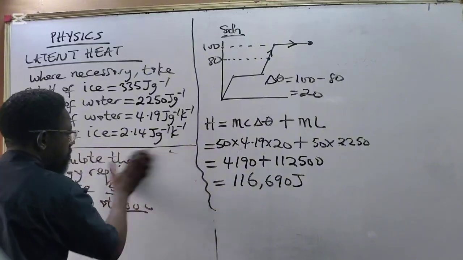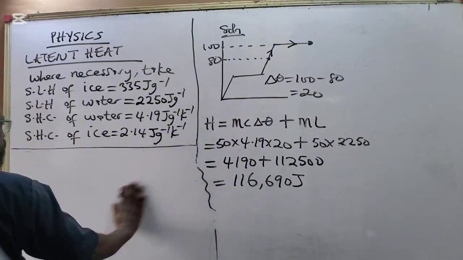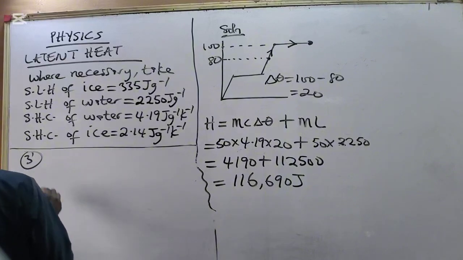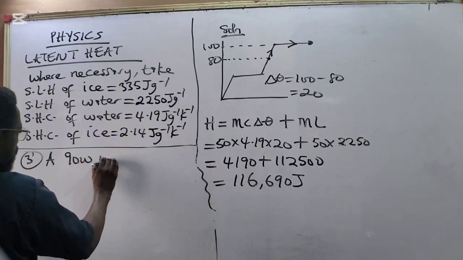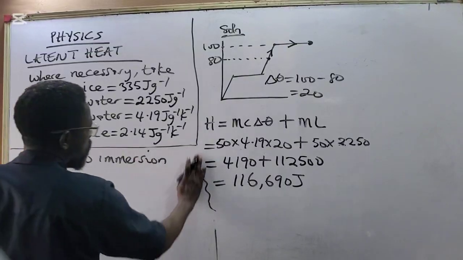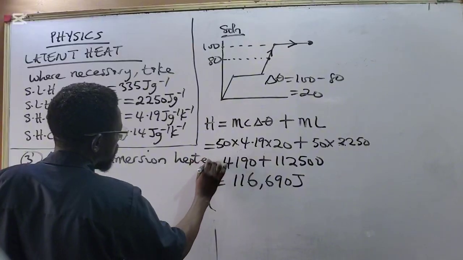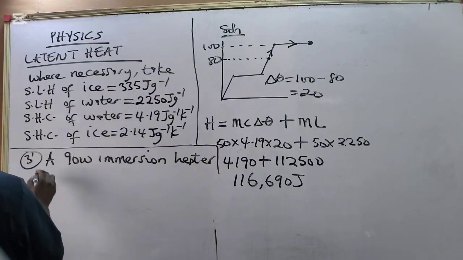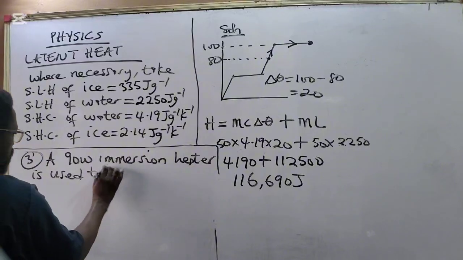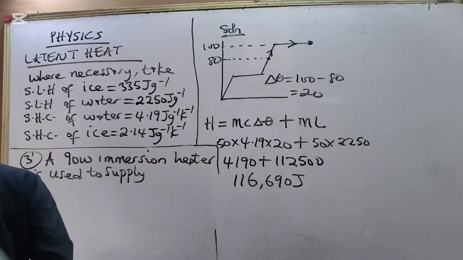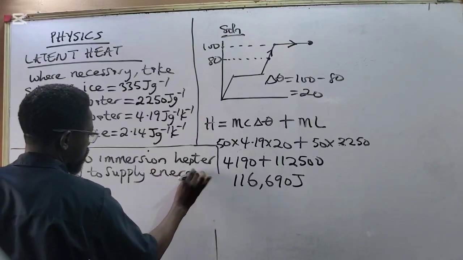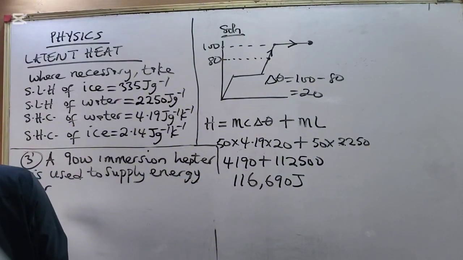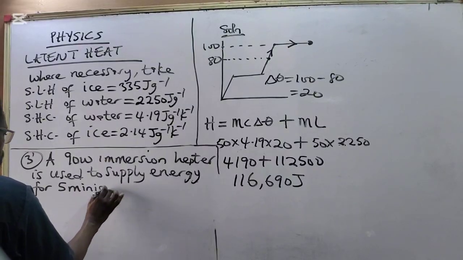Example 3. A 90 watts immersion heater is to supply energy for 5 minutes.